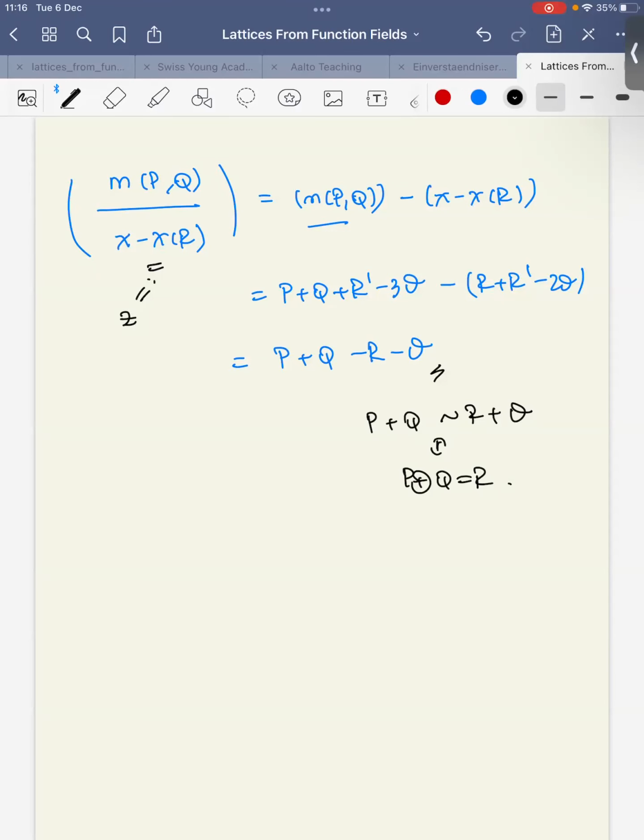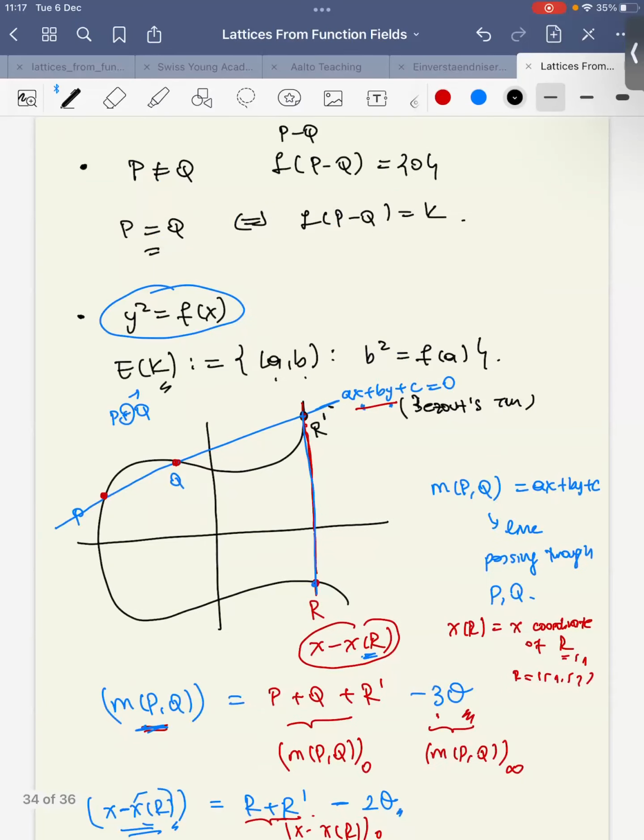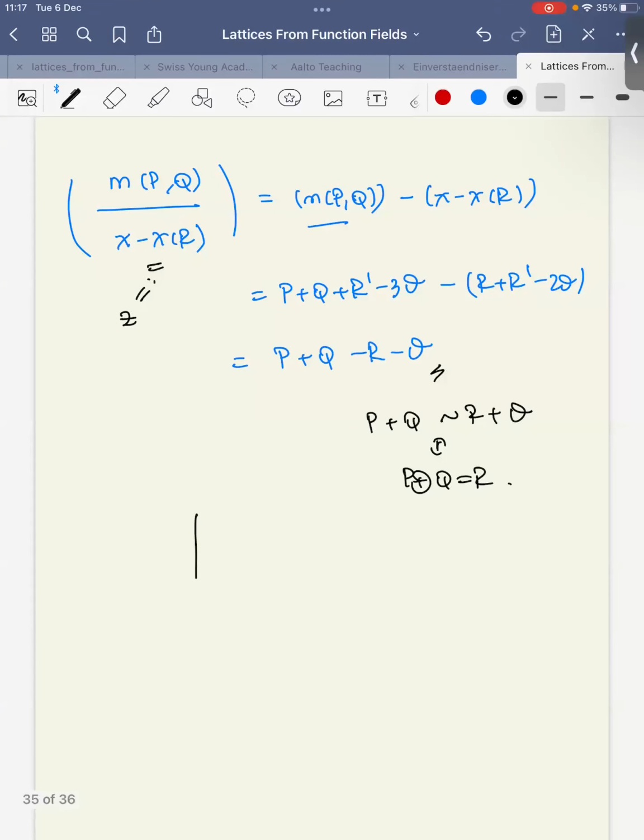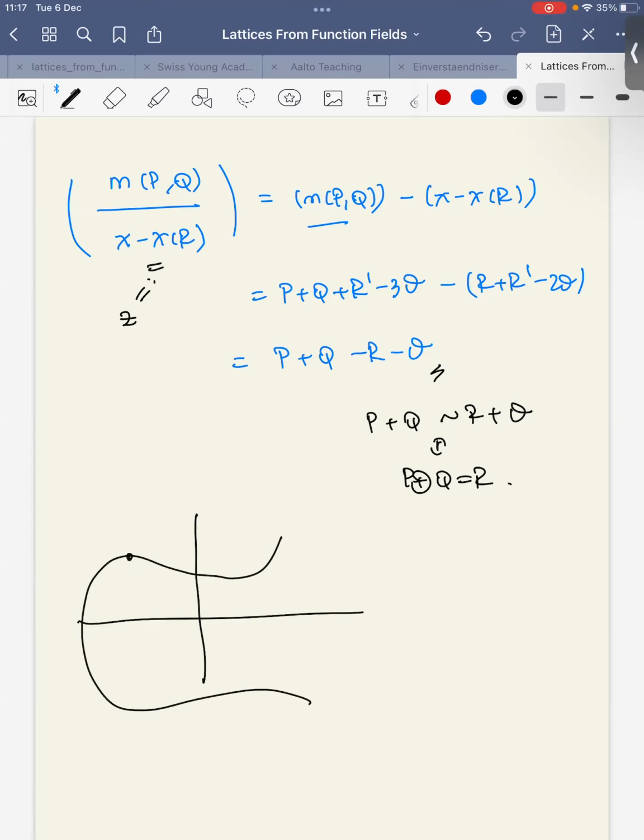But in this case, we explained this situation for distinct P and Q, and P and Q are not the identity, right? But we might be in the scenario where P and Q are located such that P plus Q is equal to O, the point at infinity.